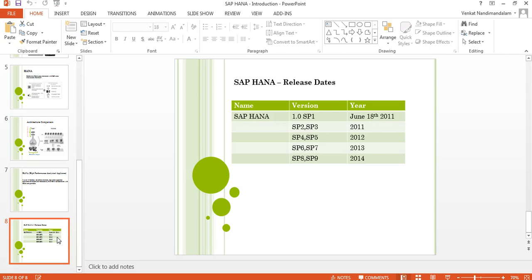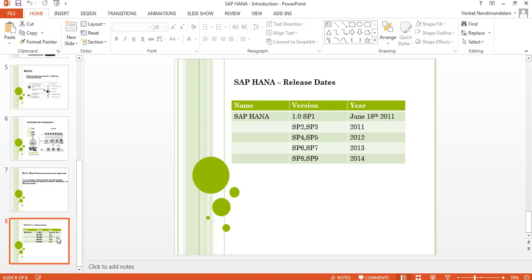Then we saw how HANA can overcome those challenges, and how the latest hardware and software innovation has been utilized to build the HANA database or HANA appliance. We also covered the major difference between row storage and columnar storage structure, how HANA is different from traditional databases, and the evolution of HANA, like when it was released and what the current version is.